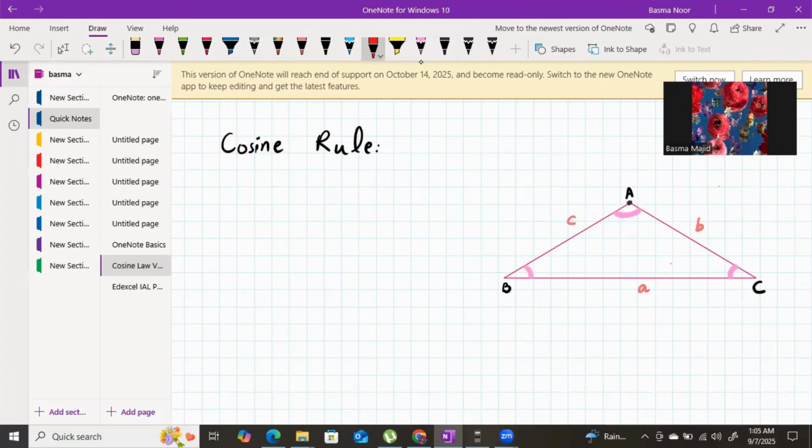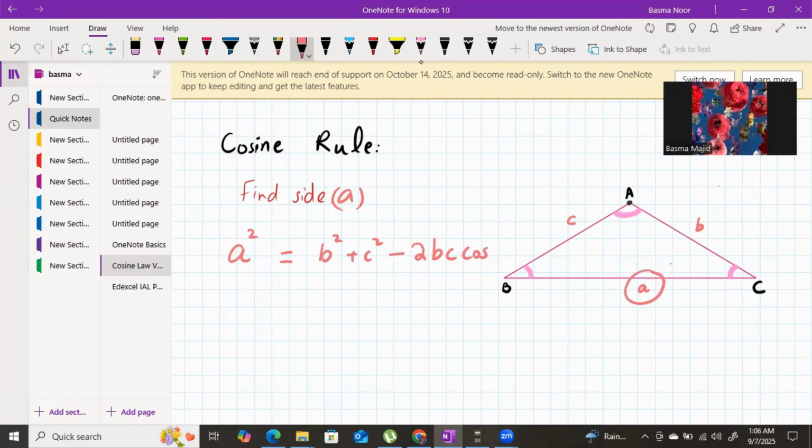Let's find the side first. For the formula of the cosine rule, let's say we are going to find side a. You take the square of the side which you want to find, and keep it equal to the sum of the squares of the other two sides, which is b squared plus c squared, and then minus 2 times the same other sides, bc, and then cos of the angle opposite to the side which you are finding.